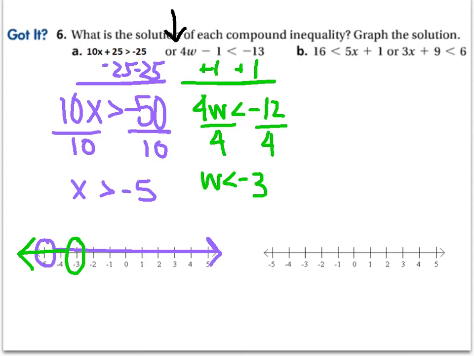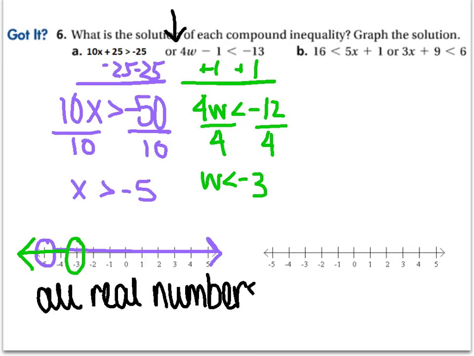Jess? Anything. And in math, we can say all real numbers. Sometimes our real numbers are labeled with this big capital R. Because everywhere on this graph is a solution.